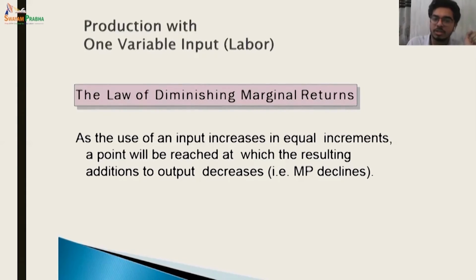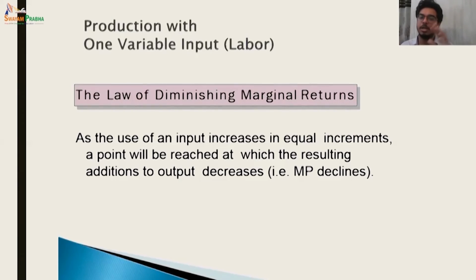So according to this law of diminishing marginal returns, when you increase an input in equal amount, every time you are employing one extra input, a point will be reached at which the resulting additions to output start declining. Resulting additions to output or total product. What is this addition to total product? It is nothing but the marginal product.